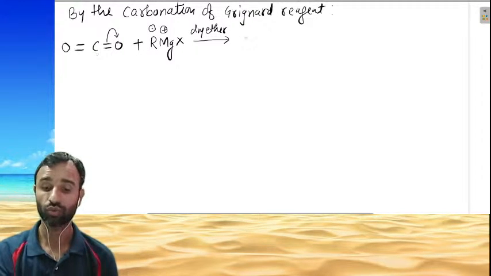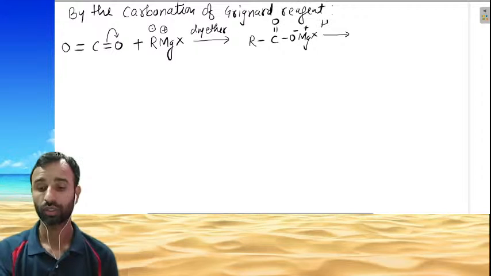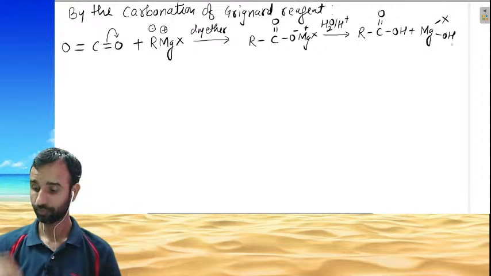So R is attached to carbon, and O negative and MgX positive, which on hydrolysis gives carboxylic acid along with MgXOH.